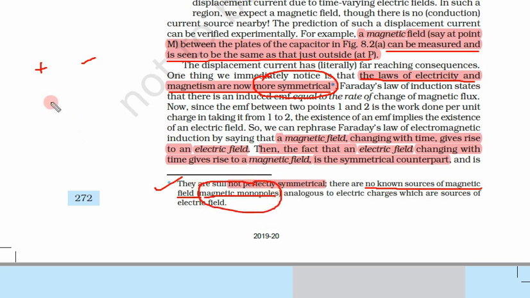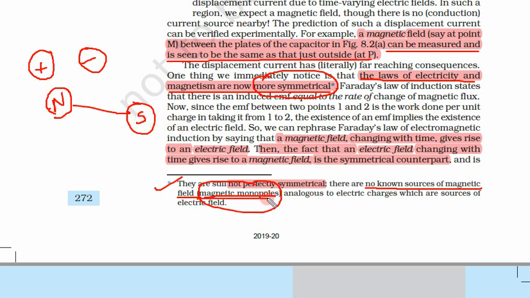So we don't have something where we can find a single north pole or single south pole, but for electric field we can separate positive and negative charges. But in case of magnetic field, if we find something magnetic, we find both of them connected, north and south pole both.